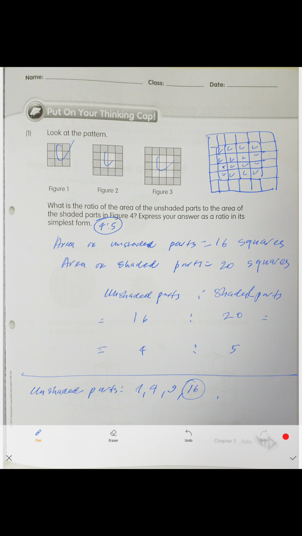And your shaded parts follow the pattern. First look at the picture again. You calculate it's going to be 8, then 12, then 16. So always plus 4: 8 plus 4, 12 plus 4, 16 plus 4, 20. This is how you got your two numbers, and then you do the same ratio, 16 to 20, and then 4 to 5. These are two ways of how you can solve this problem.